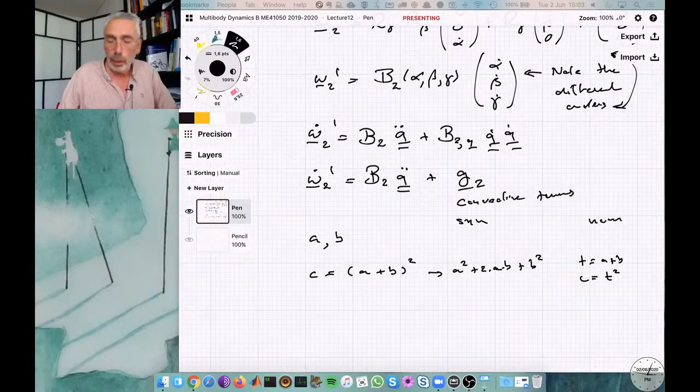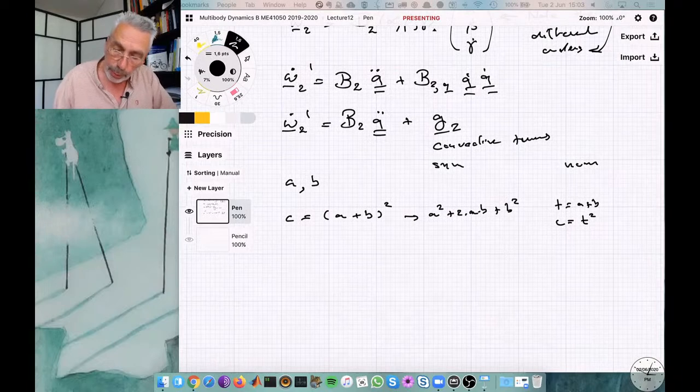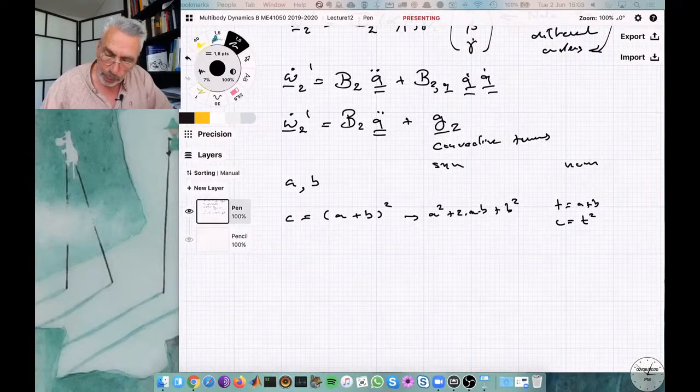Now let's calculate how many multiplications and how many additions we have. Symbolically, it's 1, 2, 3, 4 multiplications plus 2 additions. Numerically, we have 1 addition plus 1 multiplication.